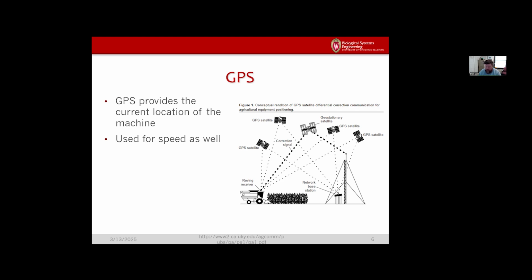But the way that this works, and that I think is really interesting, is basically the satellites have atomic clocks. And all you really need to know about an atomic clock is it is about the most accurate way we can measure or keep track of time that we have today and probably will ever have, if I was betting.